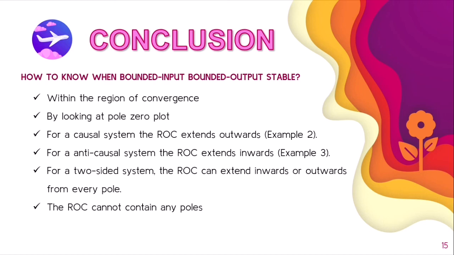This can be seen in example 2, where for the causal system the ROC extends outwards, while for the anti-causal system the ROC extends inwards. Thus, this Z transform can be calculated in 3 different cases of region of convergence, as given in the examples, which are the left-sided ROC, causal ROC, and anti-causal ROC.